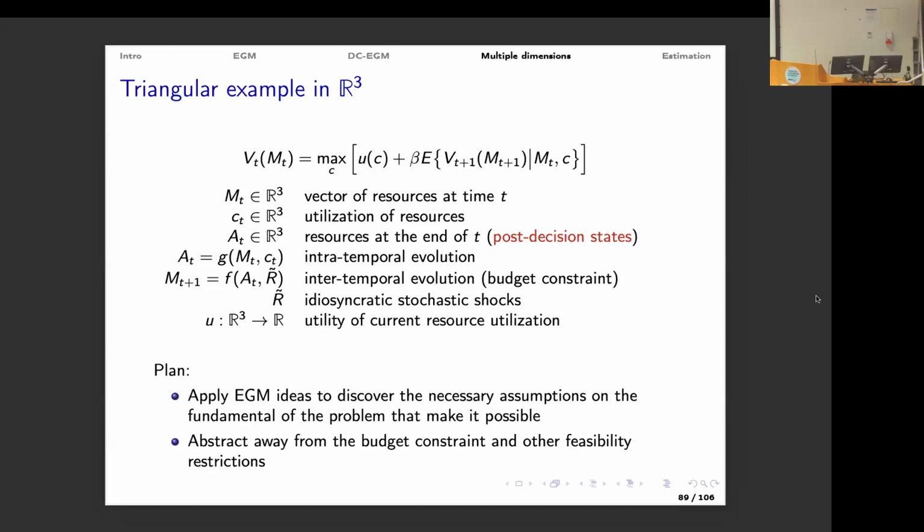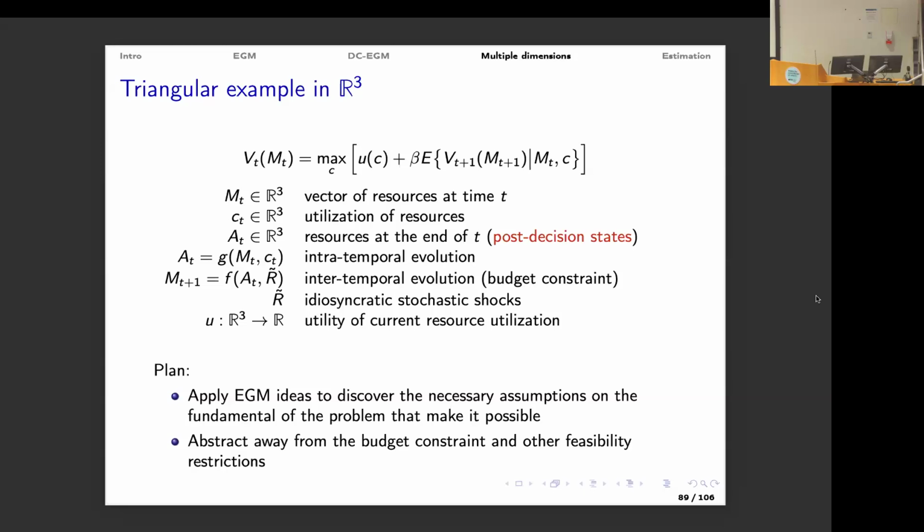So imagine that we have this very similar structure to a simple consumption savings model. But now imagine that M is actually a vector of 3. This is an example in R3. M is a vector, and C is a vector, and A is a vector. The idea is this. There can be settings in which there are multiple stocks of some asset.